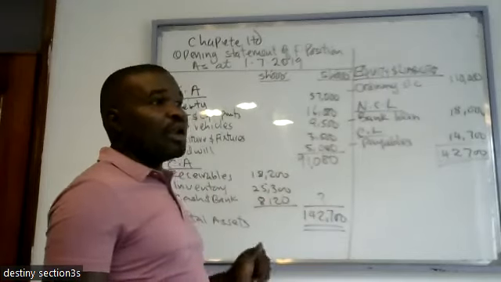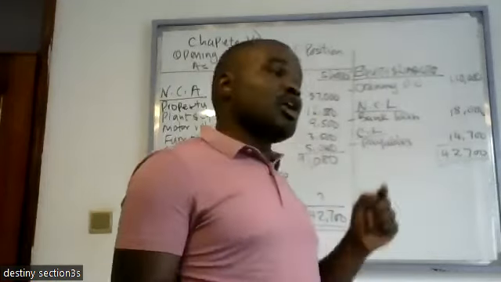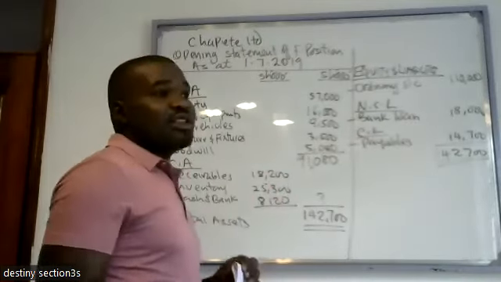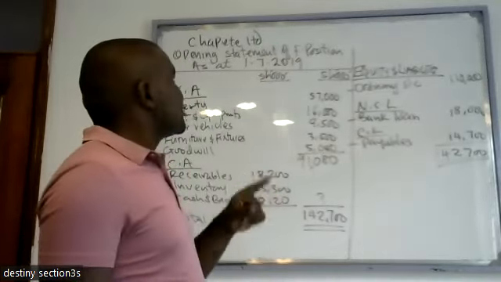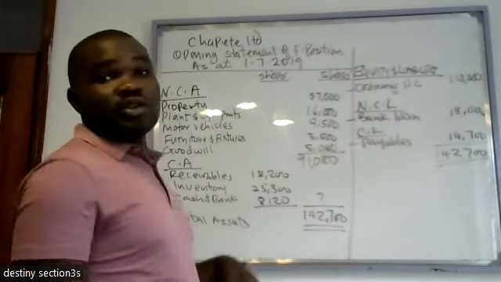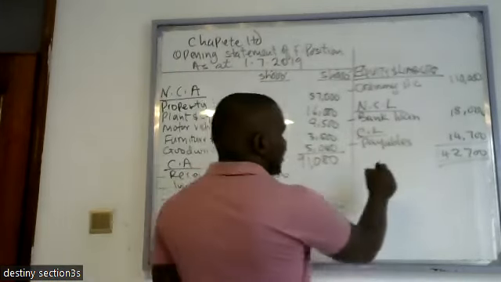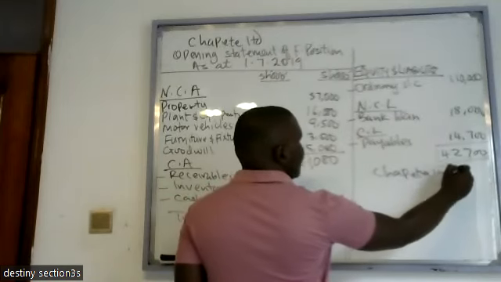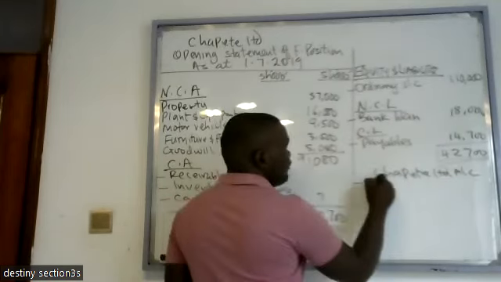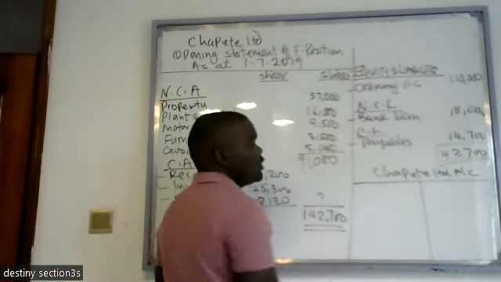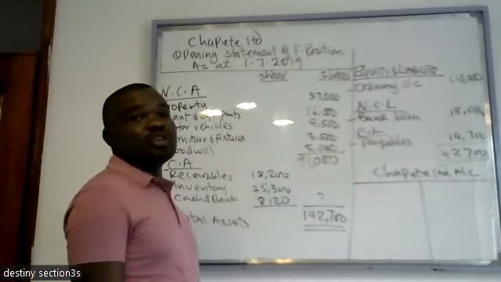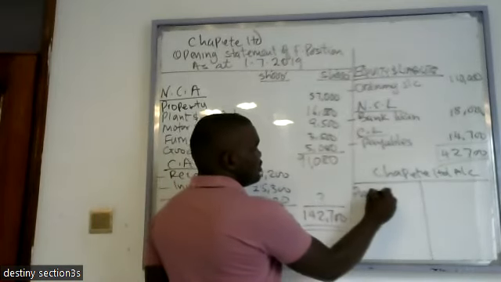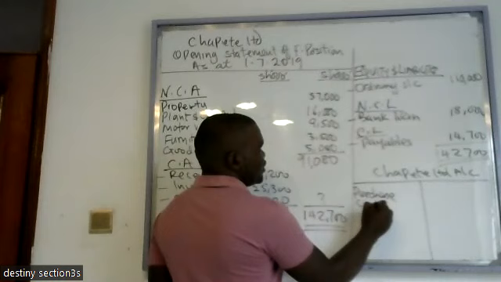There is something they like to ask in this question: the purchaser's account. The purchaser is Chapete. So in case you are told to prepare the Chapete Limited account, in the books of the partnership, this is what you do. You come here and say purchase consideration.